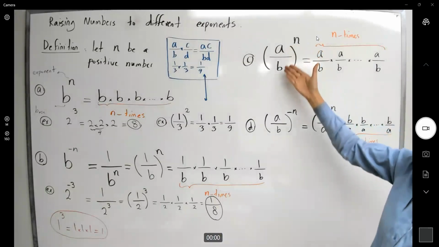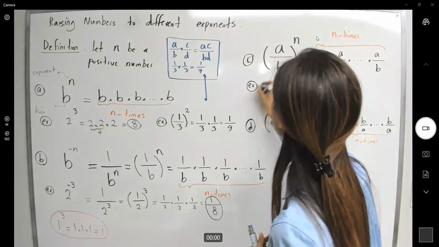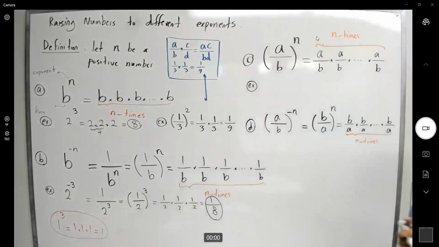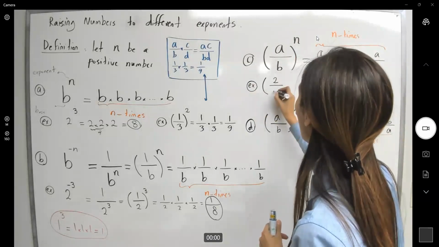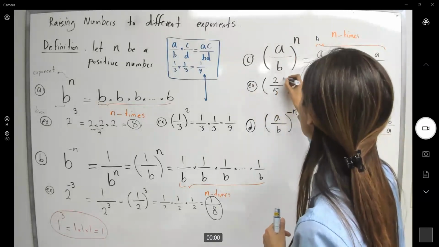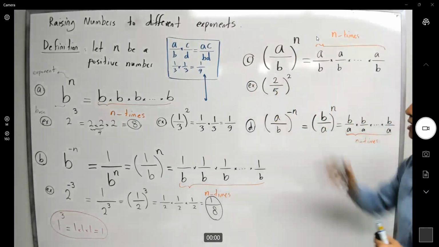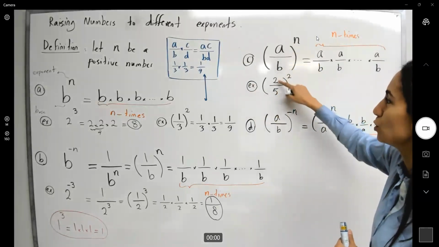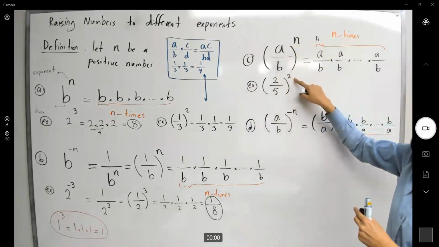What if I have a fraction of this form? A over b raised to some exponents. Suppose I have, for example, 2 over 5, and I'm raising that to exponent 2. A over b is 2/5 raised to some exponent like 2.